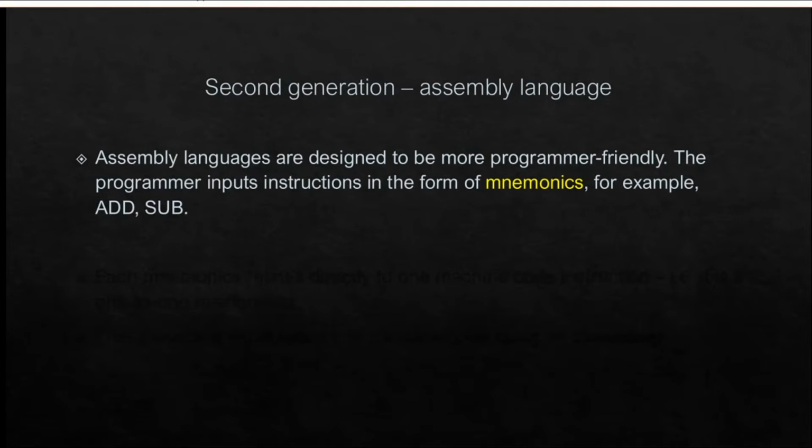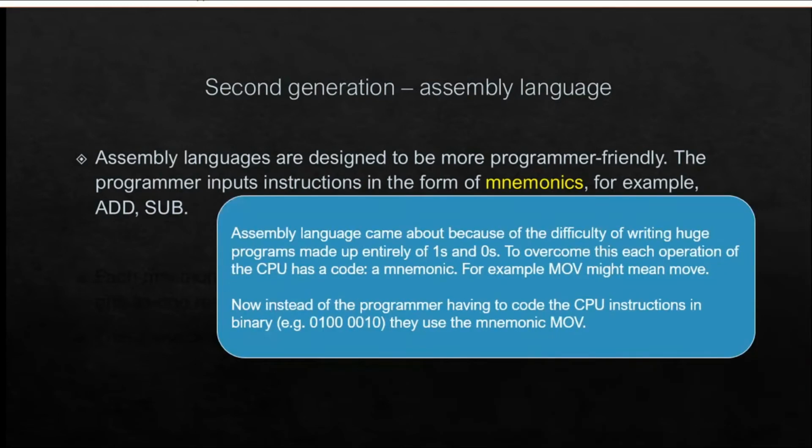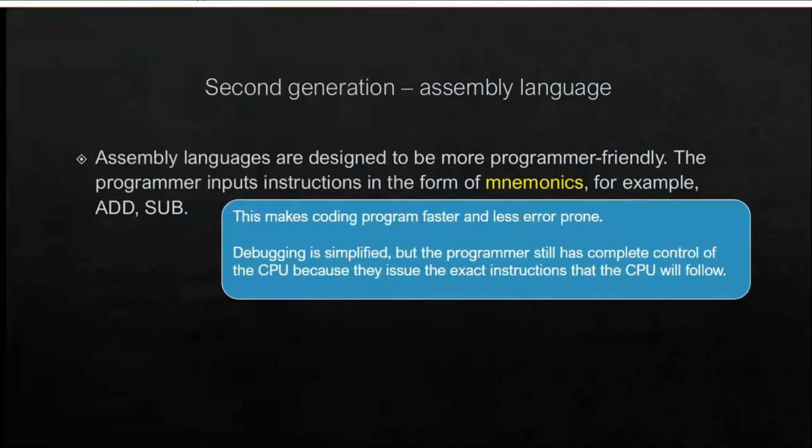It's not necessarily obvious what they do, but when you know vaguely what CPUs can do, it's usually fairly clear. This overcomes the difficulty of coding everything in ones and zeros, makes life a little bit easier, and that means it's quicker for us to write our programs, and we're going to make fewer errors.